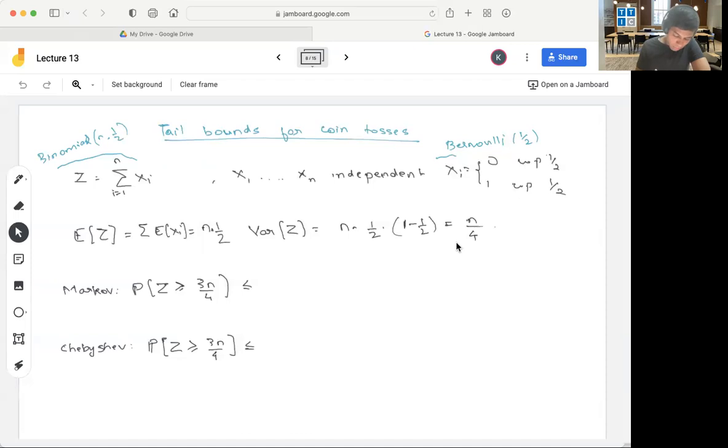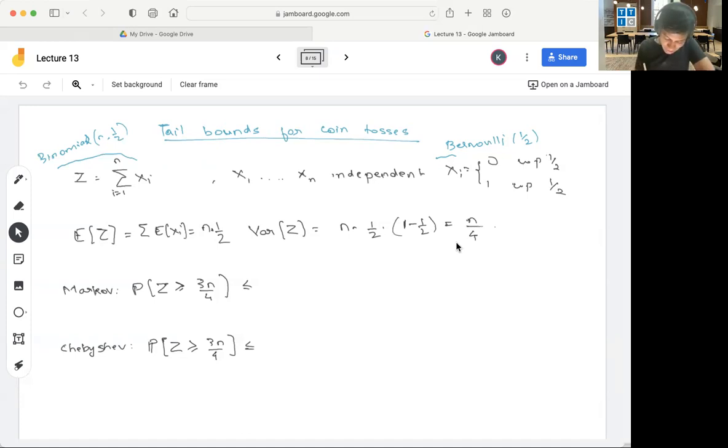And now let's see what bounds we get. Let's try to calculate the probability that z is greater than or equal to 3n over 4, just as some threshold which is somewhat far from its expectation, and let's see what each of these inequalities gives us.